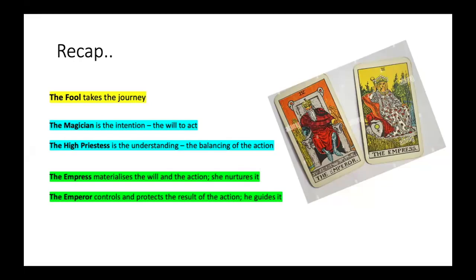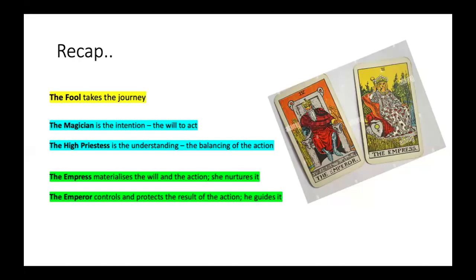But once the magician has willfully started the journey or started the action, the high priestess comes along and tends to balance the action. If you remember, the high priestess sits between two pillars, pillars of judgment, pillars of wisdom, and she is balancing the action before she lets it through those pillars into this wonderful space where things are manifest.